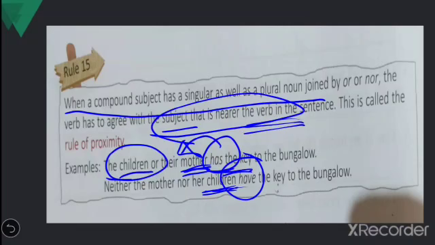And in rule number 15, we have seen that if your subject is a singular or plural noun joined by or, nor, you have to take care of which noun is nearer to you. If a plural noun is nearer, then you have to use a plural verb. And if a singular noun is nearer, we have to use a singular verb.